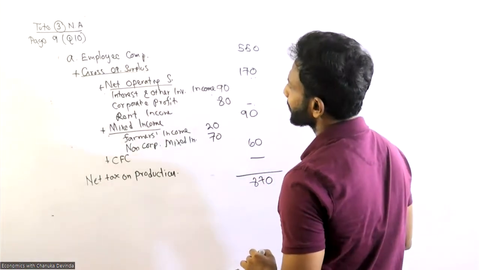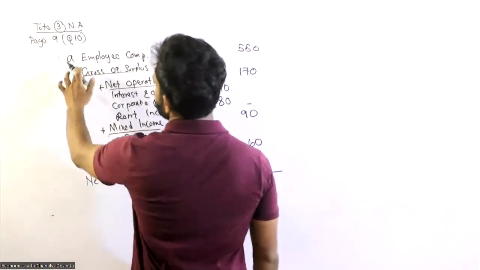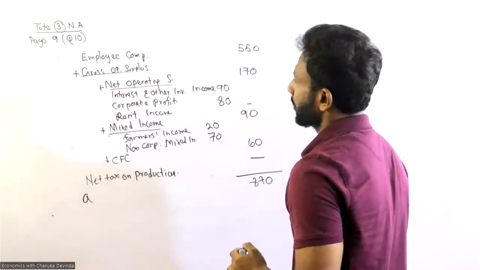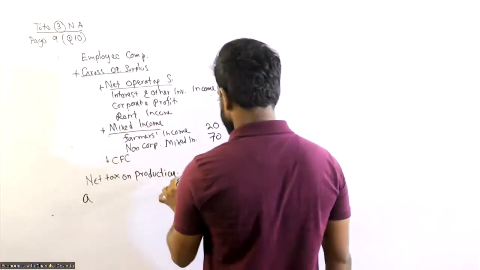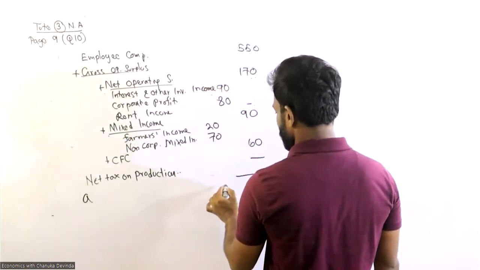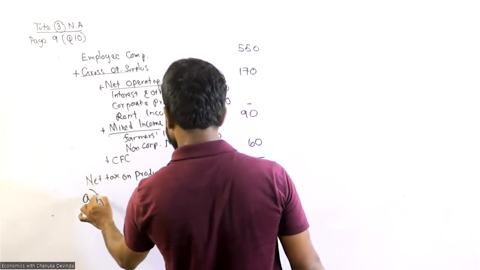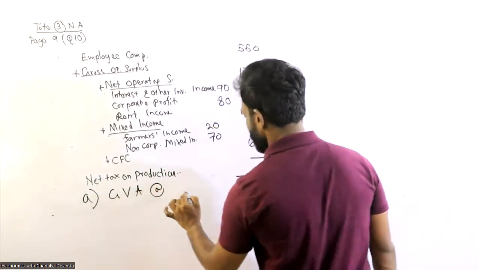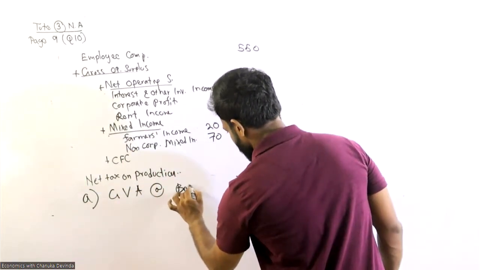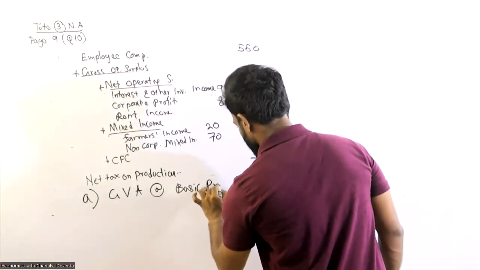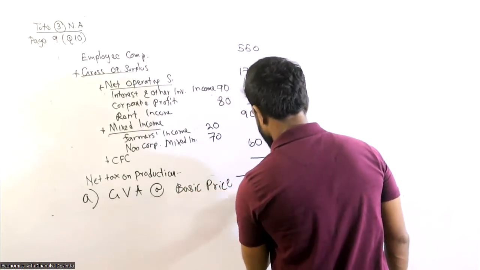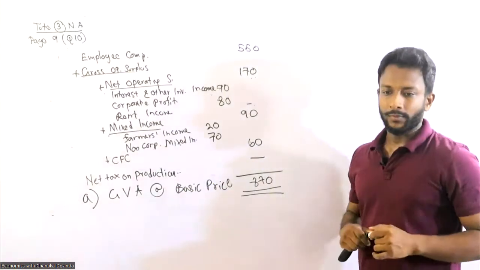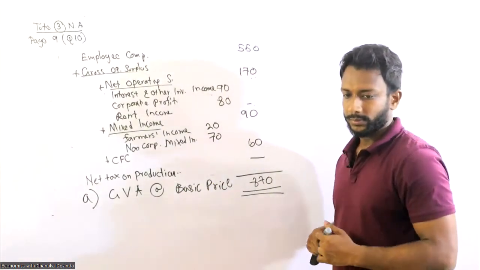What is this? This was gross value added at basic price. It is 870. Quickly write down.